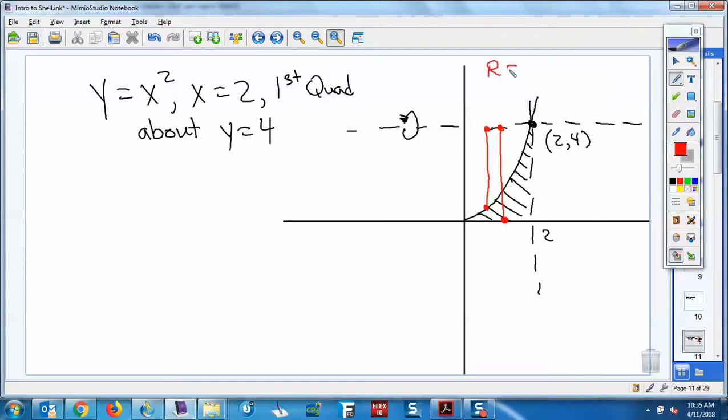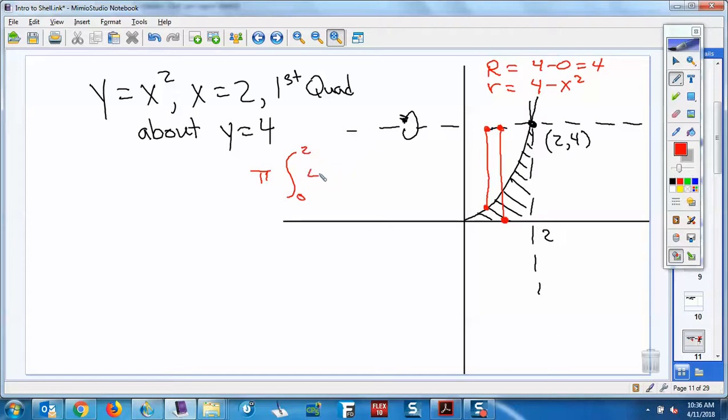What's big R on this one? 4 minus 0. What's little r? 4 minus x squared, right? So we don't have to do any square rooting or solving anything. So that's not bad. That's pi. The integral would go from what to what? 0 to 2.